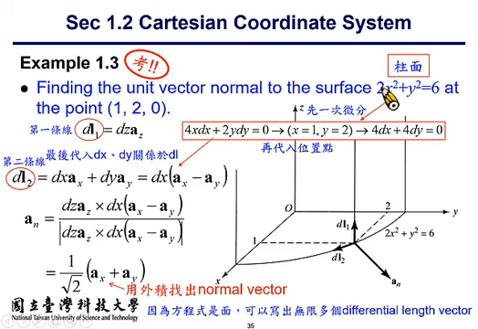Note that this relationship is dependent on the x and y coordinates. So you need to substitute the coordinate, that is x equals 1, y equals 2. So you have 4dx plus 4dy equals 0.